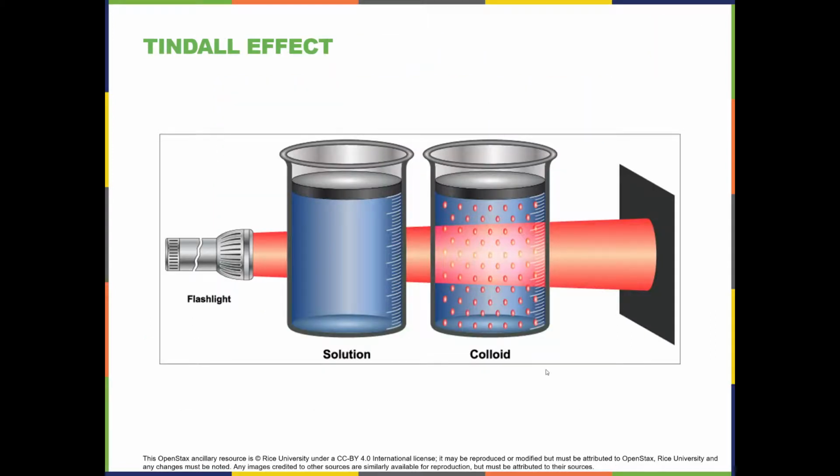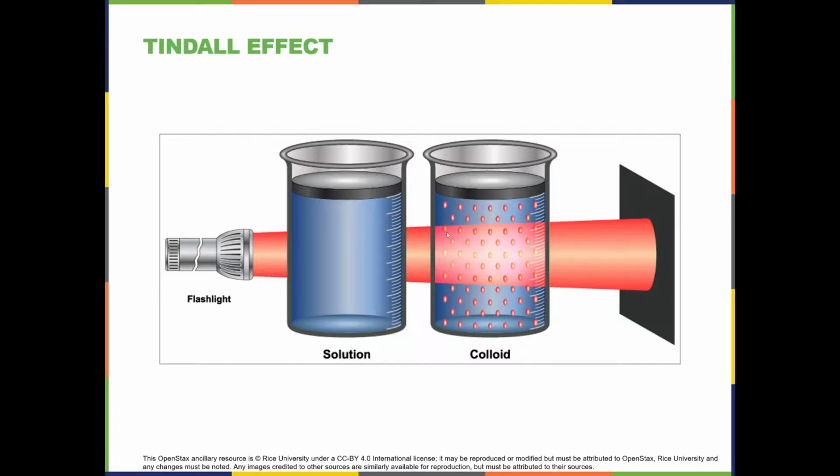One interesting thing you can do is the Tyndall effect, which is if you shine a flashlight at a liquid that you are not sure is a solution or a colloid, if you don't see any light in the solution, it's a solution. If you see the beam of light, which they're representing here, where you can actually see where the flashlight is going through, versus here where you can't, then you know that it's a colloid.